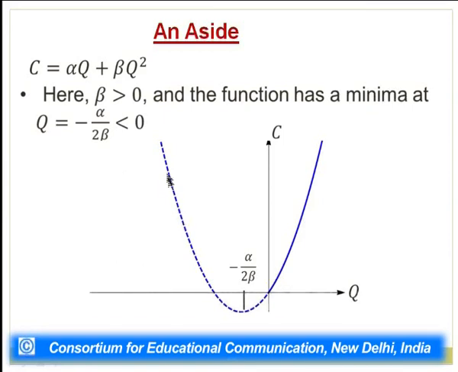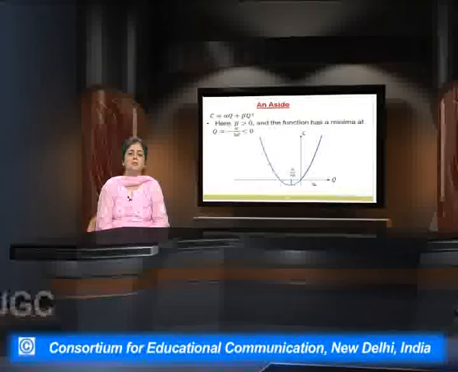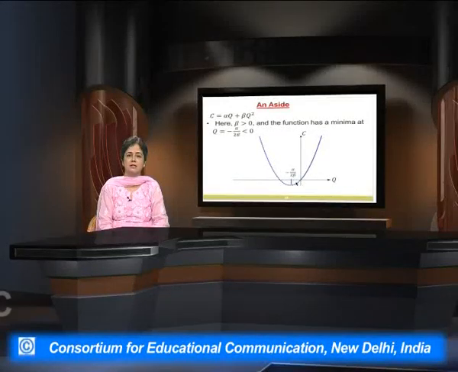Pictorially this would give a parabola like this, which you see on the slide, passing through the origin, because if q is 0, c is also equal to 0, and here the minima is on the negative side of the quantity axis.